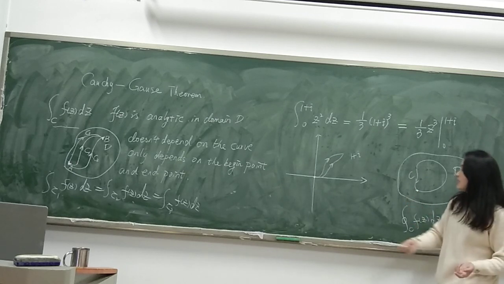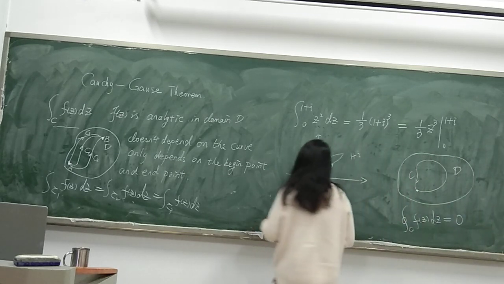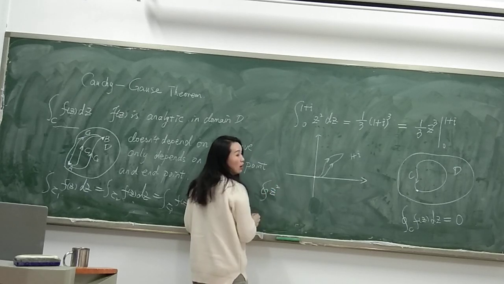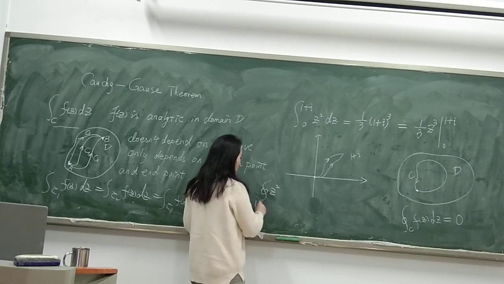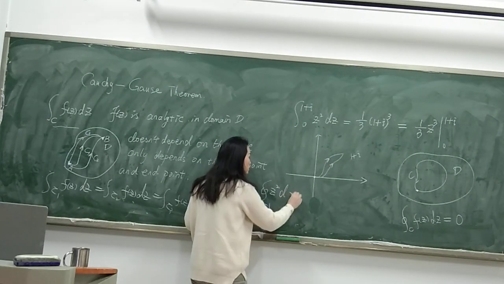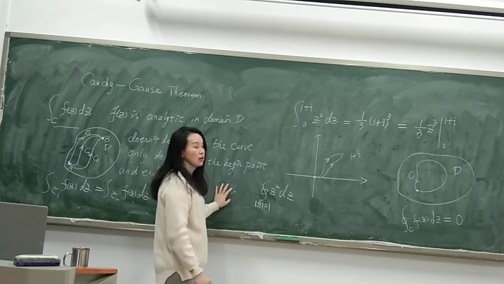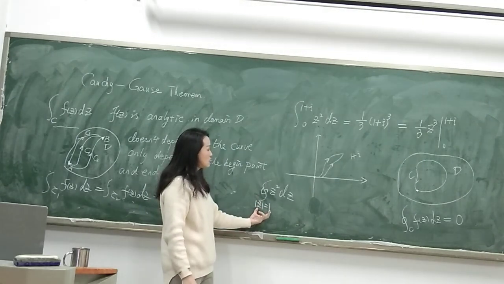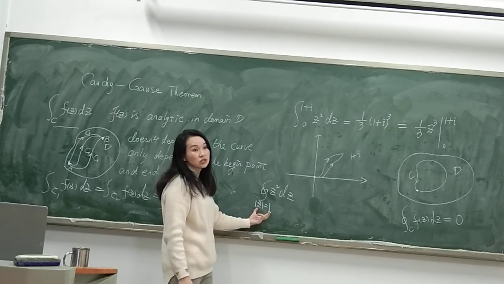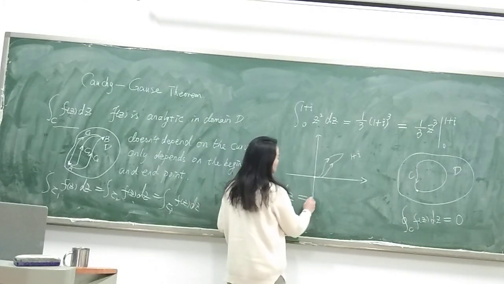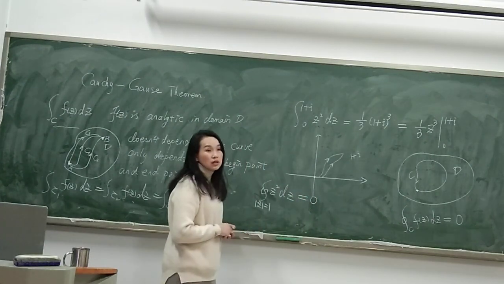For another example, if you compute the integral of z squared where C is the modulus of z equals 1, because this function is analytic and this curve is closed, the integral is 0.